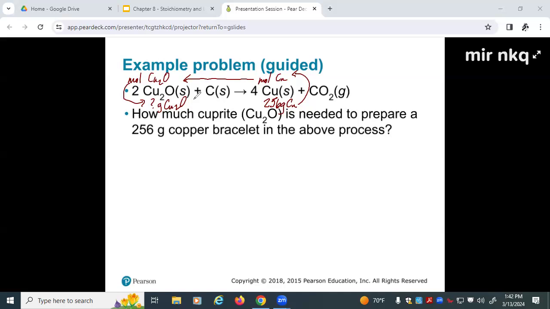So this is what I want you to use this map for. This is an organizational tool. It helps you to figure out, okay, if I'm here, how do I get to here? Well, the map says I need to use molar mass to turn it into moles. Use the equation to turn it into moles of the other thing. Use the molar mass to turn that other thing into grams.